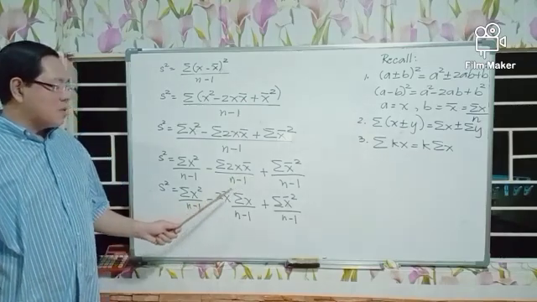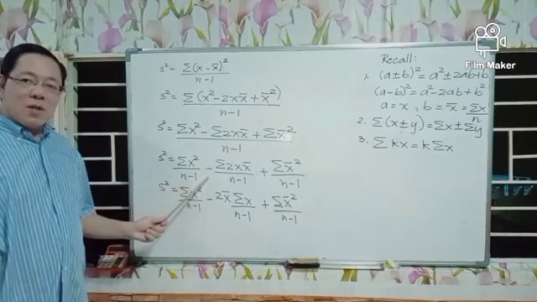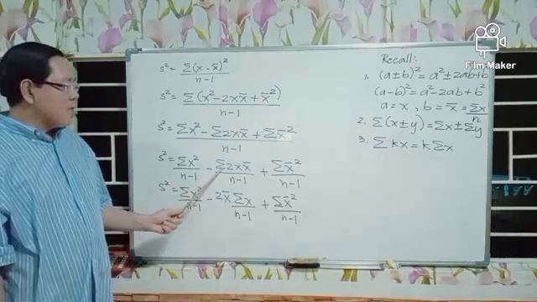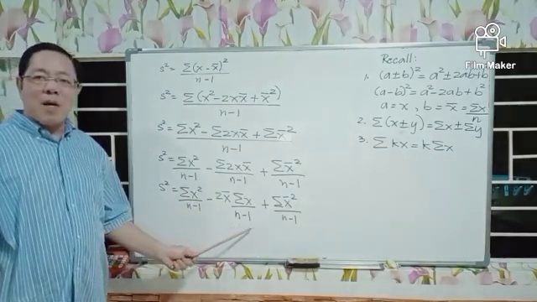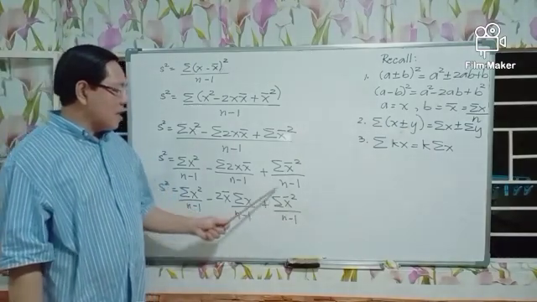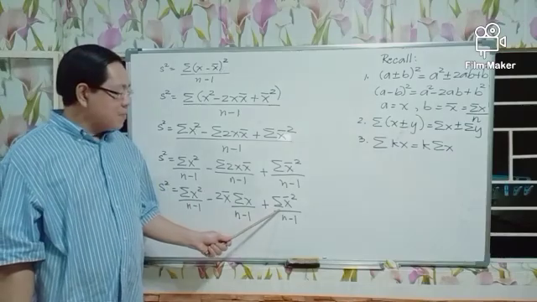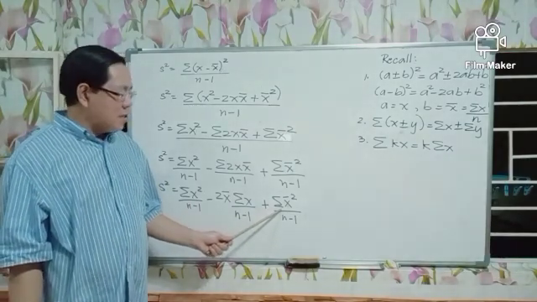We take those out of the summation. The second term now is equal to minus 2 x bar multiplied by summation of x, all over n minus 1. And the last term is the same. Now we can simplify the numerator using another property of summation.